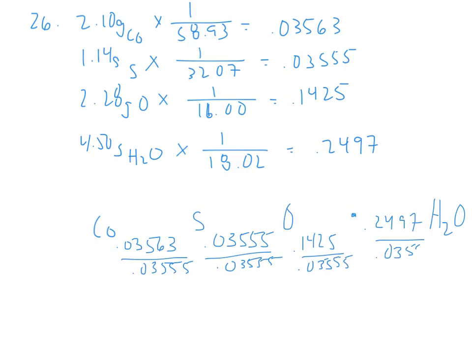So now when I do this, my Co basically becomes 1, my sulfur becomes 1, my oxygen, when I divide by 0.03555, is going to round very close to 4, so copper sulfate, that makes sense. And then my 0.2497 divided by 0.03555 is going to be 7.02, or it's a hydrate with 7 water molecules in it.